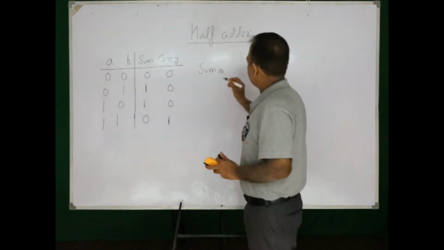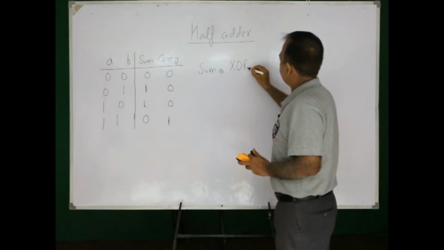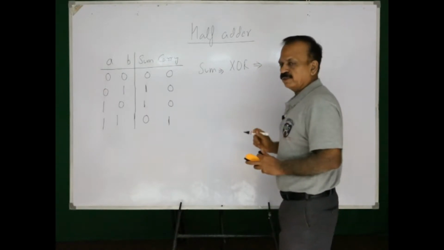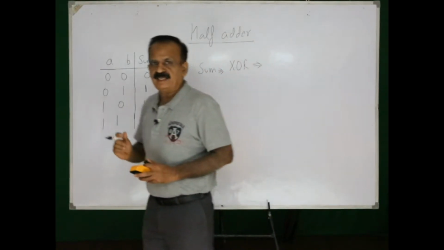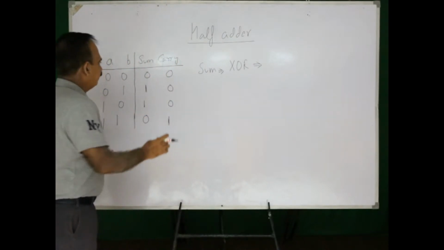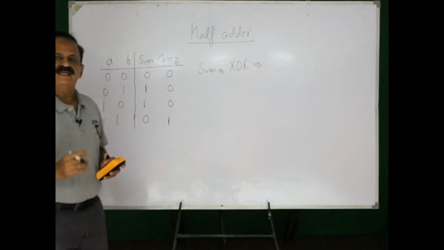Now, this represents an XOR gate. We understand that the logic of an XOR gate is that the output is high when the number of high inputs is odd. Other way, if I try to find the expression for this, how can I write the expression?